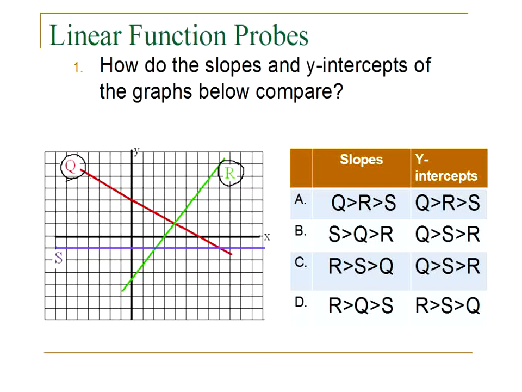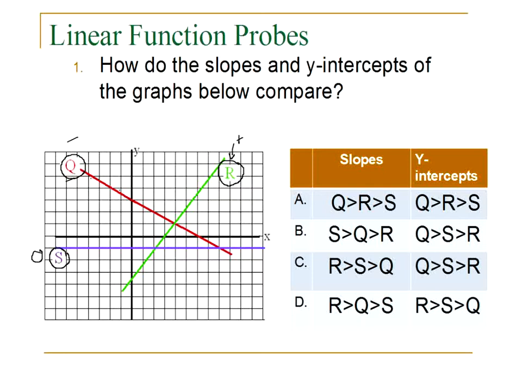The y values are getting smaller and smaller as we read the graph from left to right. And with the function s, there is no change in y for whatever change in x we have, and therefore the slope is 0. So here we have a positive slope, a negative slope, and a slope of 0.